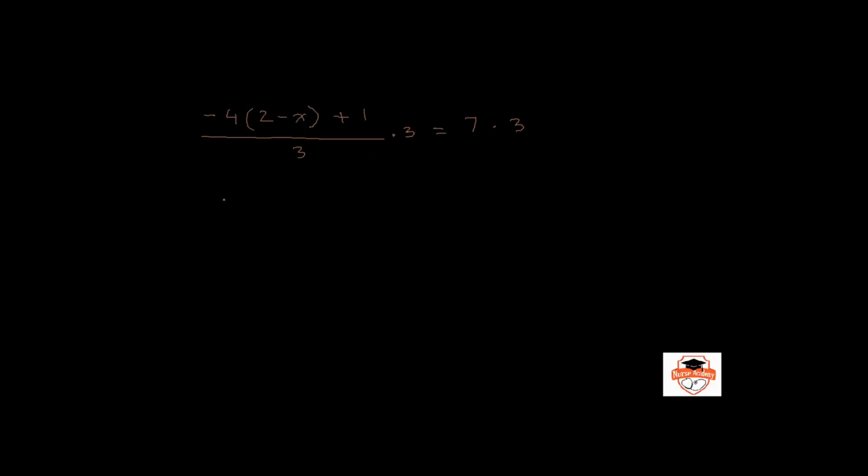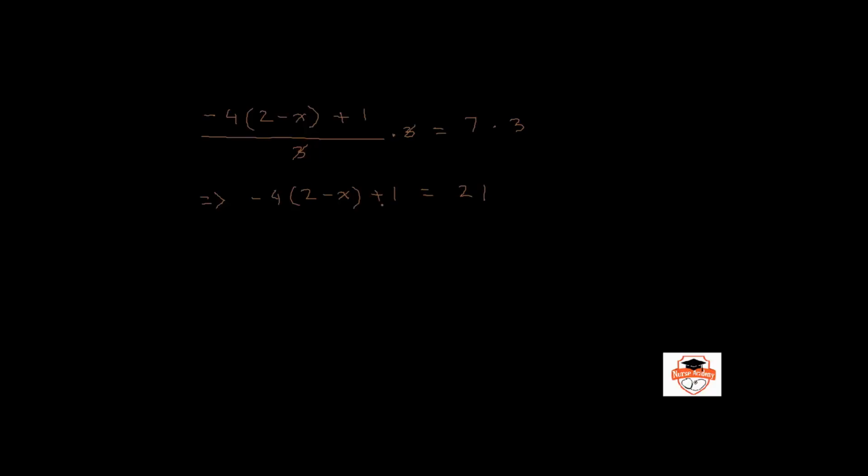So we have negative 4 times (2 minus x). Remember, 2 minus x inside the parentheses, negative 4 outside means negative 4 multiplies with the whole thing, 2 minus x. Plus 1, cross off the 3 from the denominator with the 3 from the numerator, is equal to 7 times 3, which is 21.